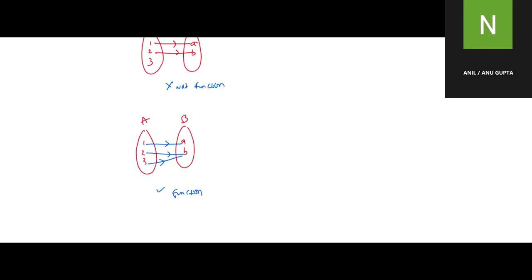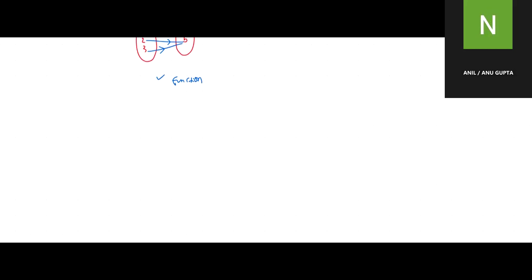Let's take another one. 1, 2, 3, 4. A, B, C, D, E. 1 is mapping to A, and 2 is mapping to D or C, anything. 3 is mapping to someone, 4 is mapping to someone.